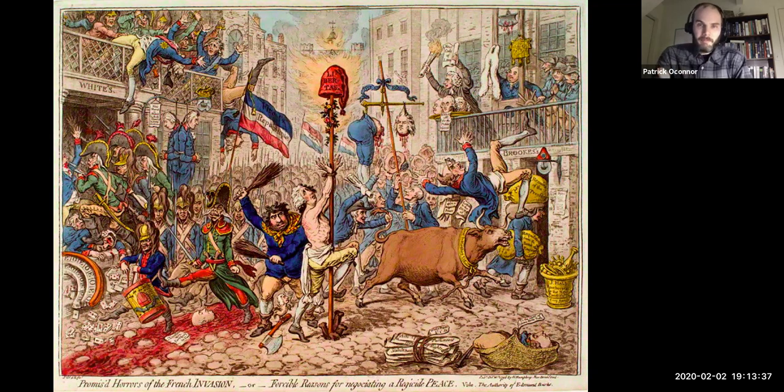The problem that Burke identified, the problem as Burke understood it, was that French revolutionaries were guided by abstract ideas. Liberty, equality, fraternity, to him, weren't very meaningful unless they were grounded in something specific. And he didn't see anything specific in the French Revolution.